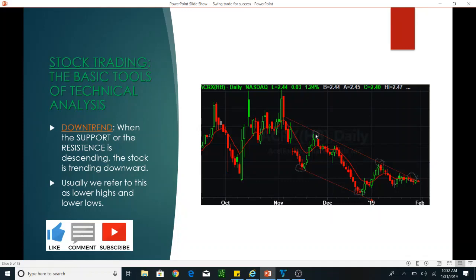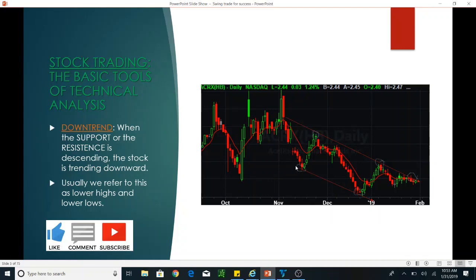So we refer to it as lower highs and lower lows. You see, these lows are getting lower, the price is dropping. If you look at the channel, the whole thing is coming down. This is a downtrend. So how do we identify a downtrend? We identify a downtrend through lower highs and lower lows.